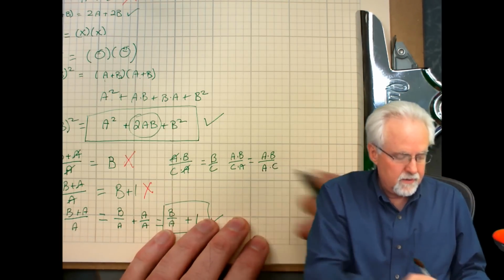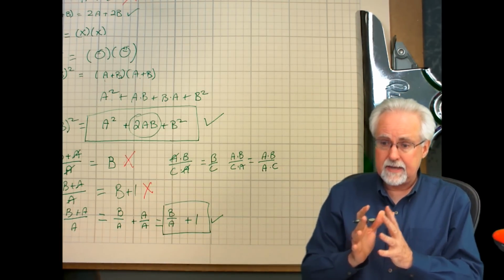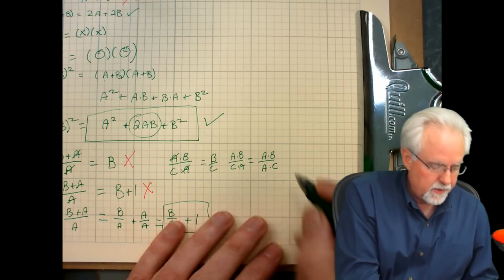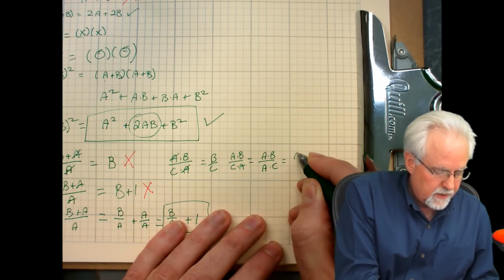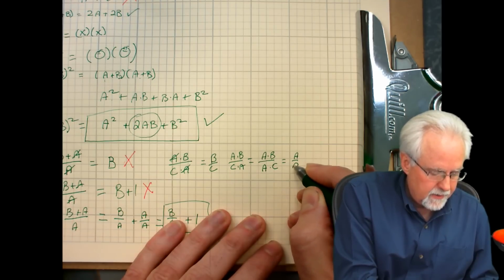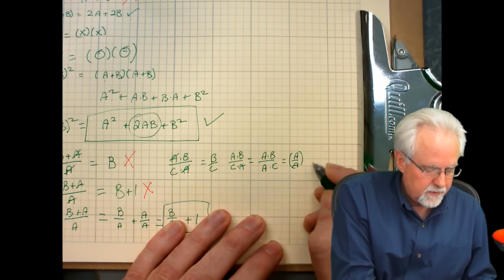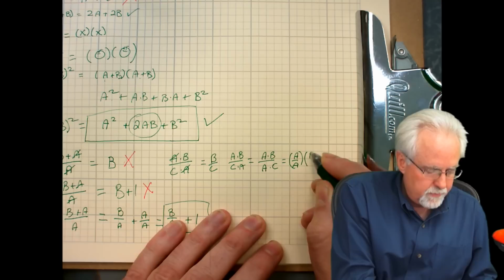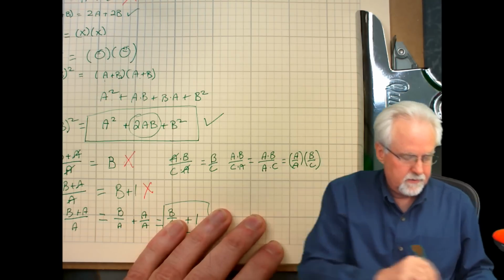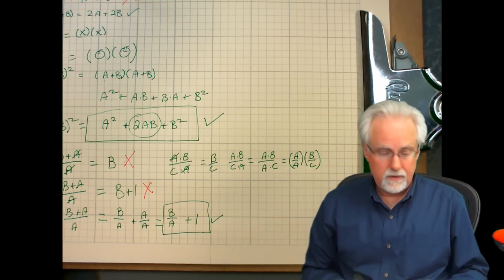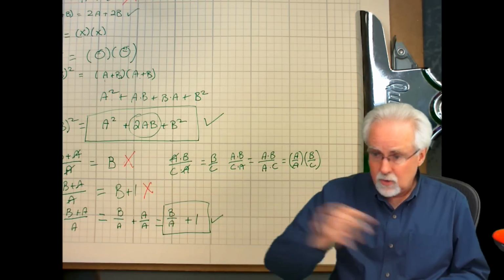Now, also what I can do is break this into two different parts, and so that's equal to a divided by a, that part, times b divided by c. Now, do I cancel a and a? Do I cancel?